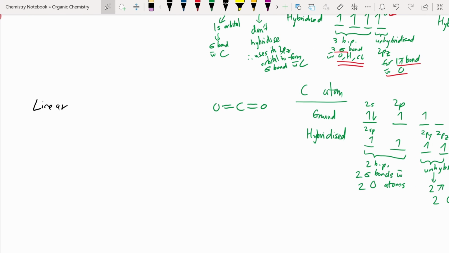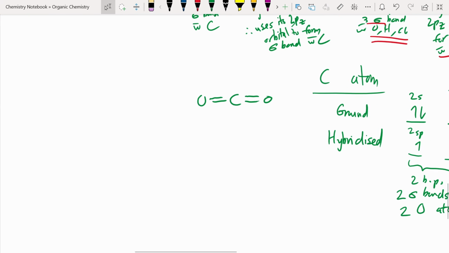As you can see right here, there are 2 bond pairs but no lone pair for carbon. Oh, sorry, there are 0 lone pairs. So the steric number is 2, and that's why you have to form sp orbitals.